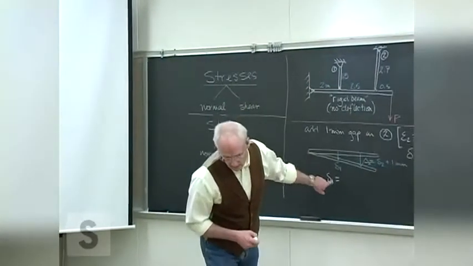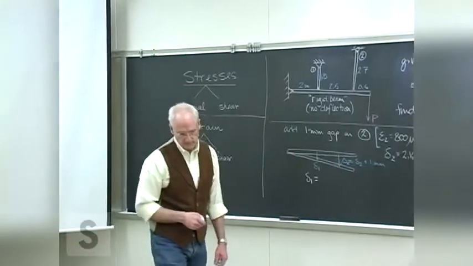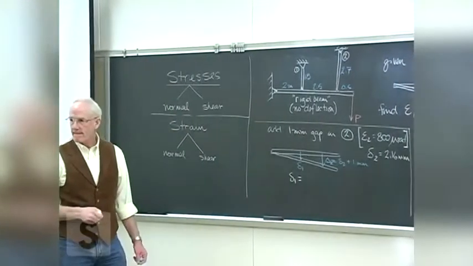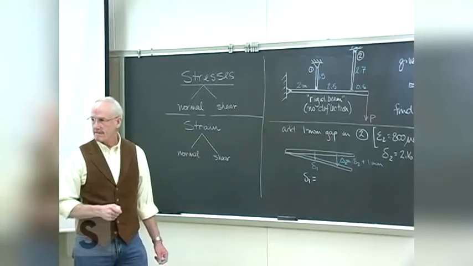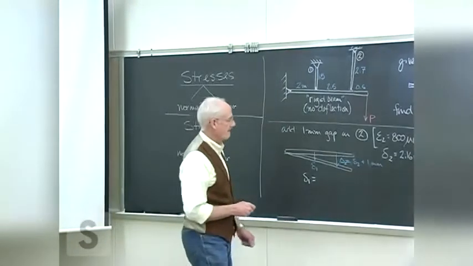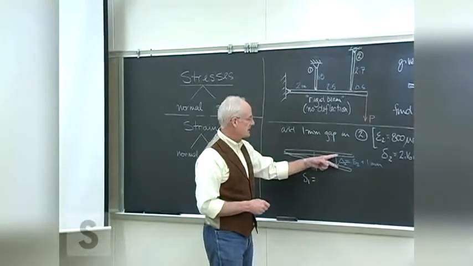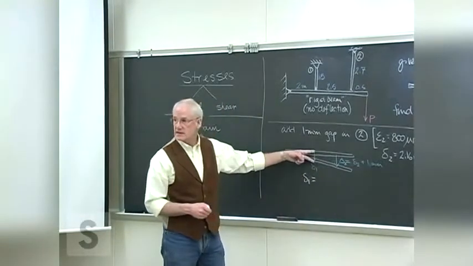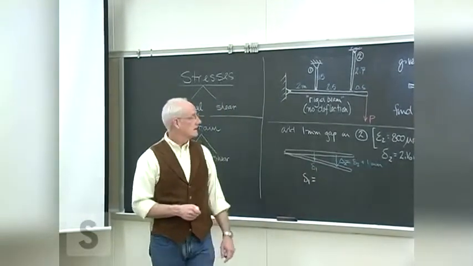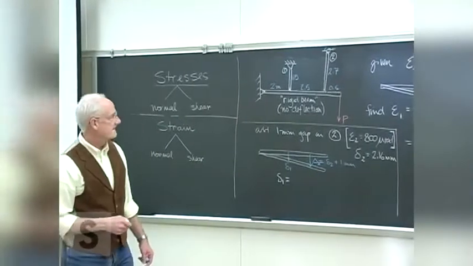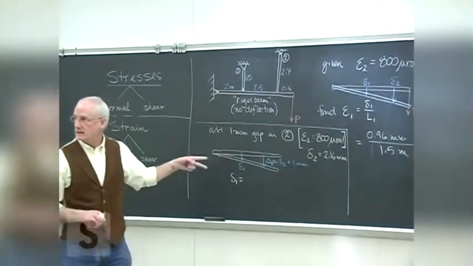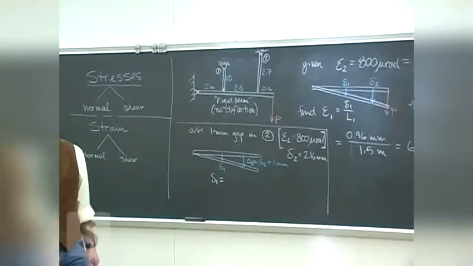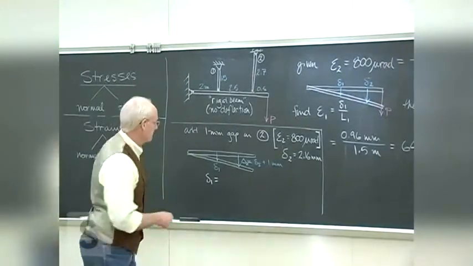What's this then, the deflection here? We know this to be 3.16 millimeters, so this is, it was 0.96, is it going to be greater than that? Yeah, because it's a larger triangle, if nothing else.